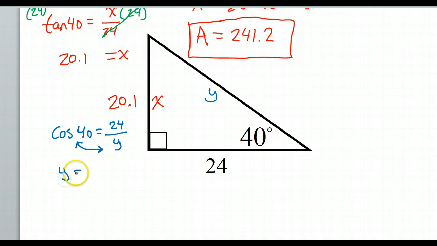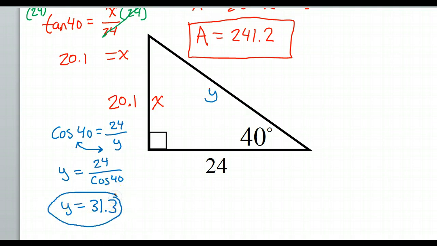So I'm going to get y is equal to 24 over cosine 40. So I will go to my calculator. That is 31.3. Okay, so I can go ahead and put that for y, so that's 31.3.